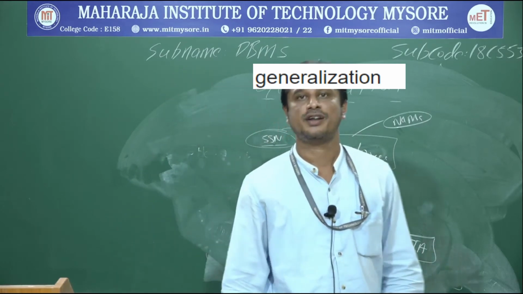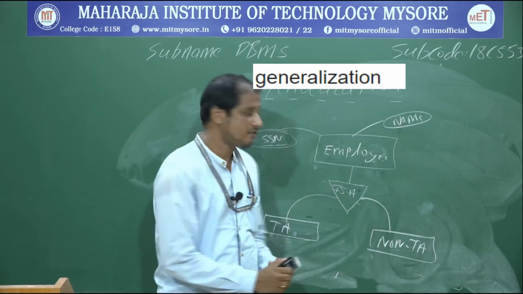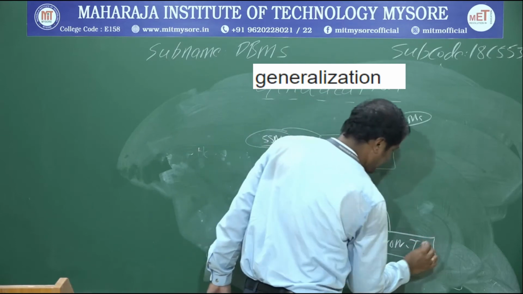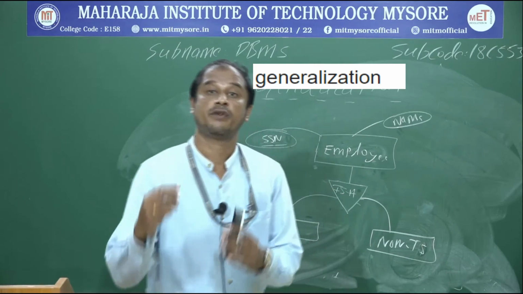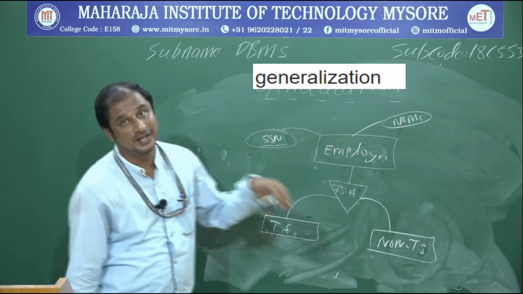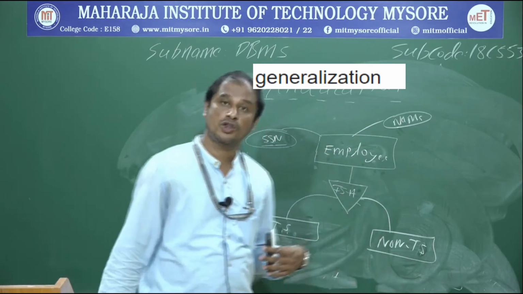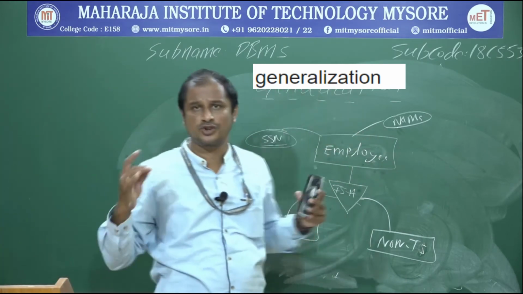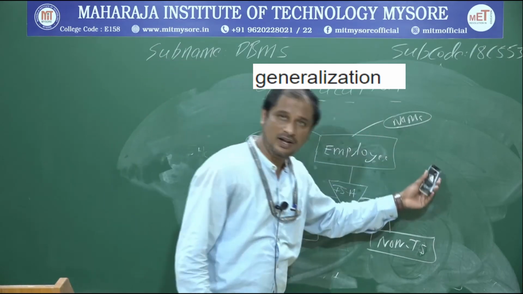So the employee entity has SSN as a key, along with name, and it can be split into teaching staff and non-teaching staff with SSN. Everybody has an SSN as an employee when you join the organization, with the attribute name.